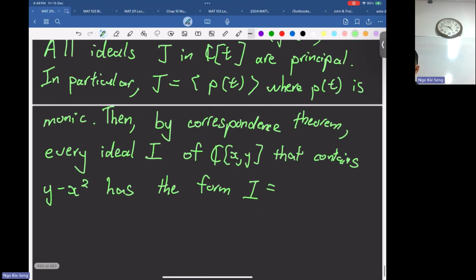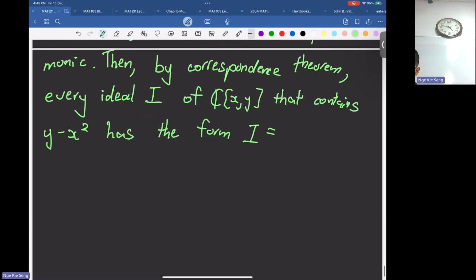So the ideal is generated by p(x), and also the kernel. Does it make sense?